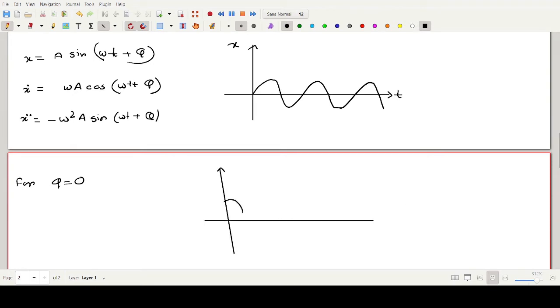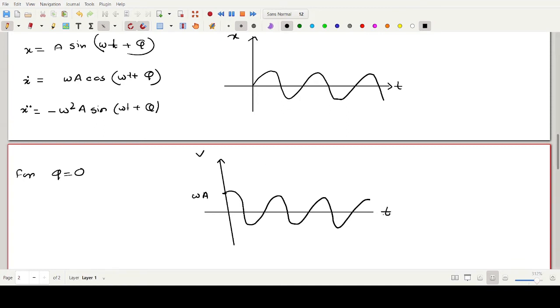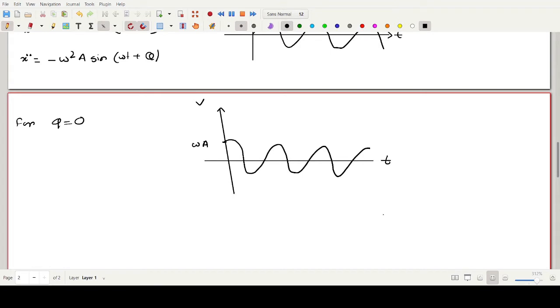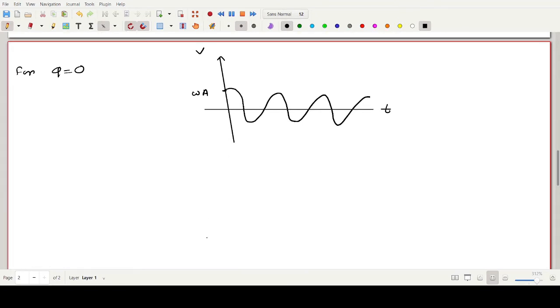This should start from here, and this height should be equal to omega A. And the acceleration should be like this.